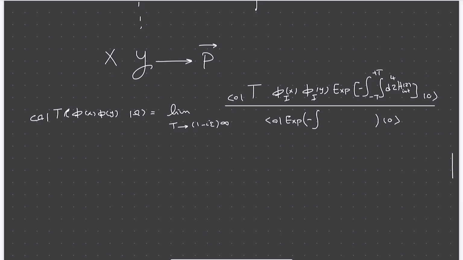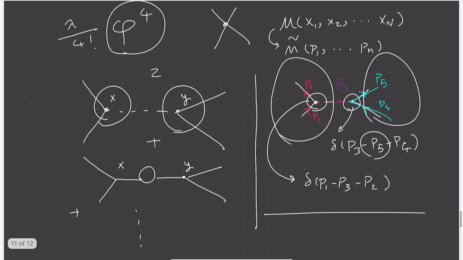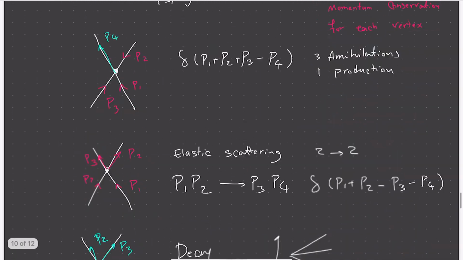And again, this is very similar to the partition function calculation in statistical mechanics. And then we discussed how the expression in the denominator can be calculated using these Feynman rules.